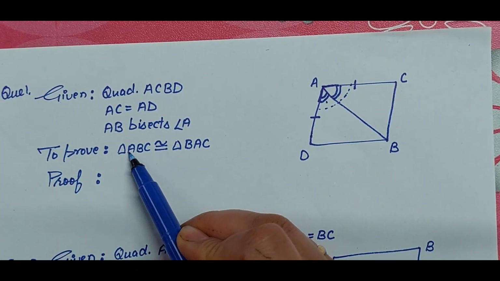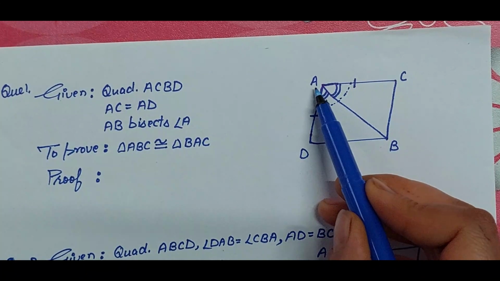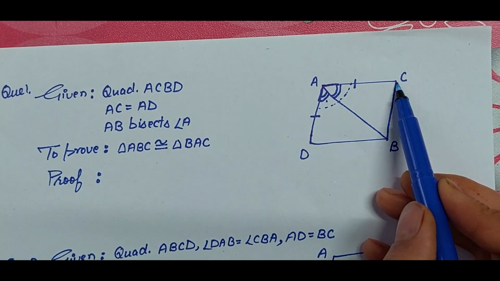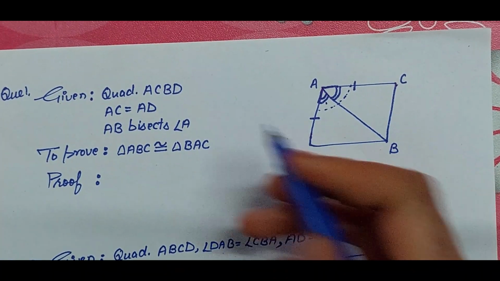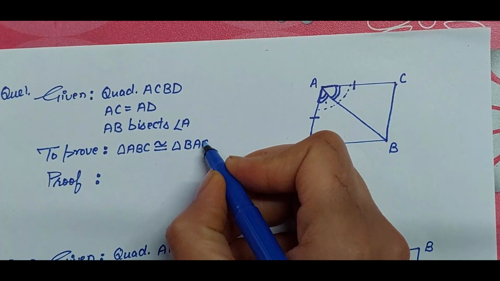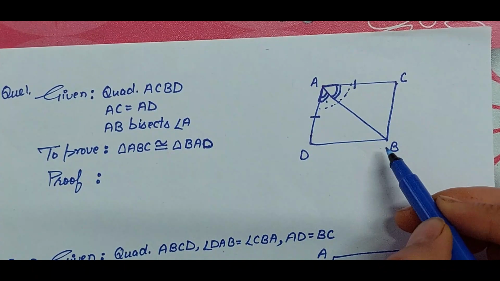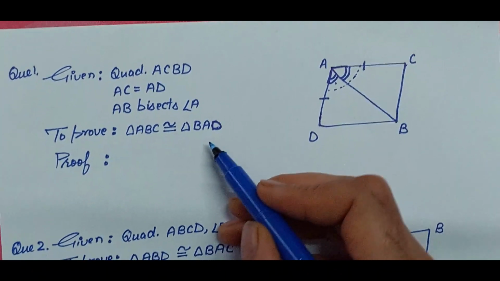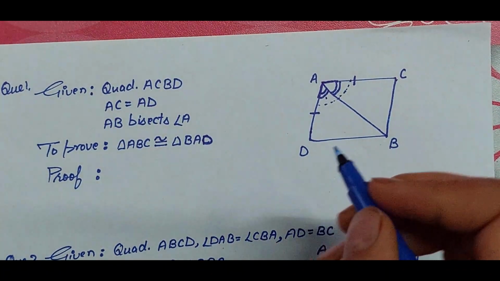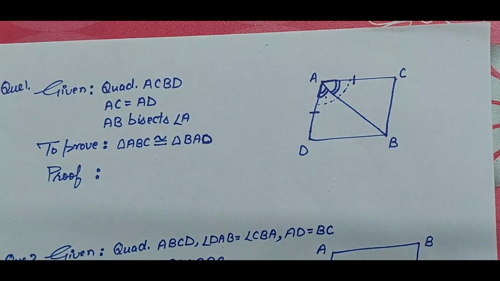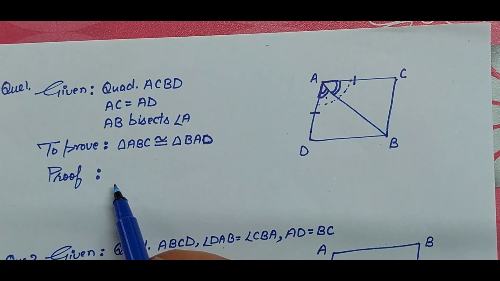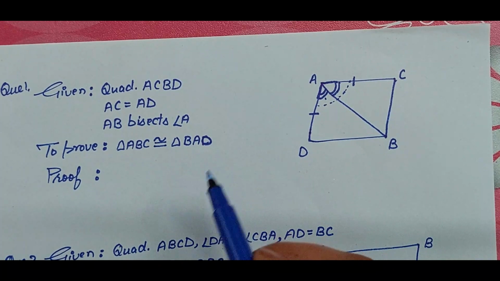We have to prove ABC congruent to BAC. So ABC congruent to, I must have copied this wrong, it's ABC congruent to BAD. So these are to be proved congruent. Now I asked you not to do the proof, but what did I ask?